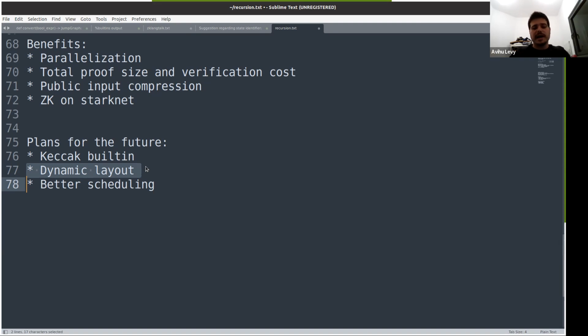Basically, Cairo has built-ins. What does it mean? It means that although we have 16 steps in this program, it used 32 hashes and 1024 range checks or something like that. So there are different ratios between how many CPU steps I have and how many of these built-in instances I have, how many hash instances I have.